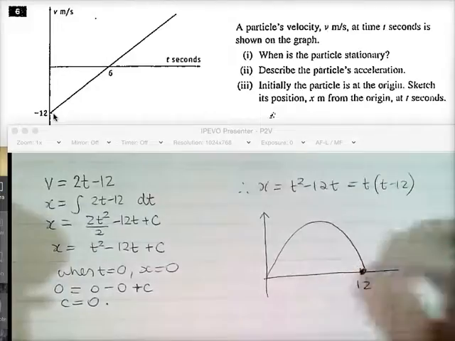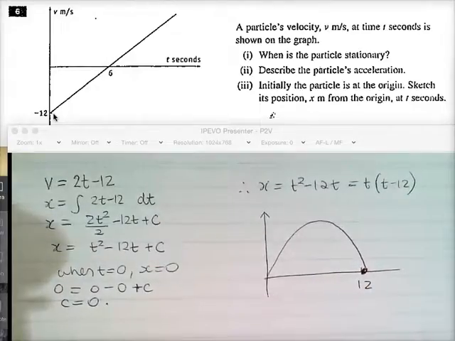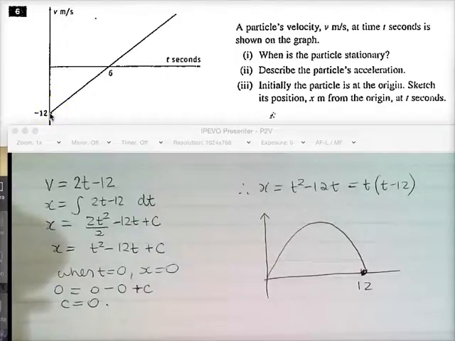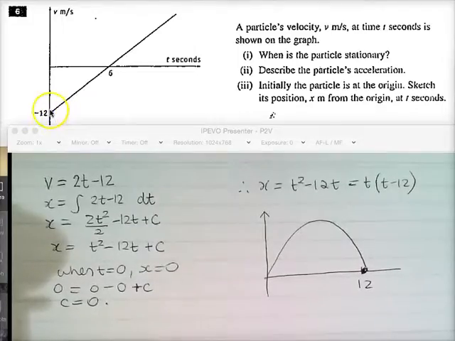Now, sorry, I didn't need to do that. What I could have done was say that the velocity has a negative gradient. Wait a sec. And I've drawn the wrong curve, as you can see.